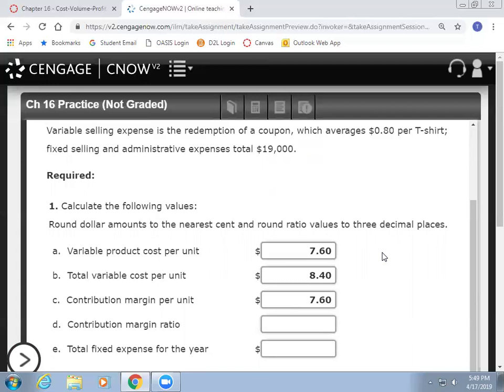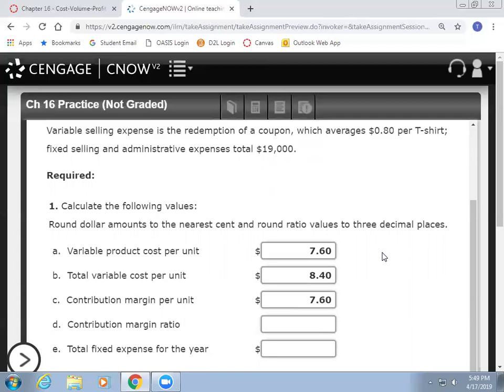And then on D, it just wants it as a contribution margin ratio, so we're putting it as a percentage. If you look at your notes, for contribution margin ratio, you take your contribution margin per unit of $7.60 and divide it by the sales price of $16.